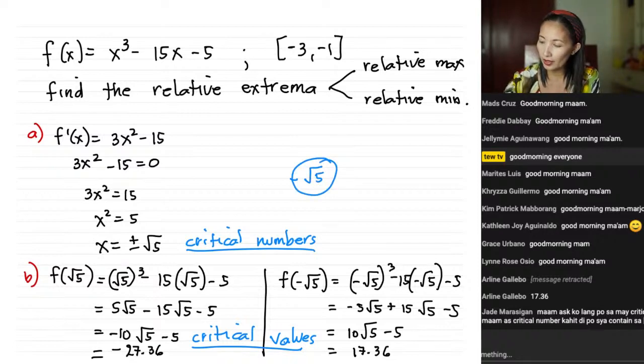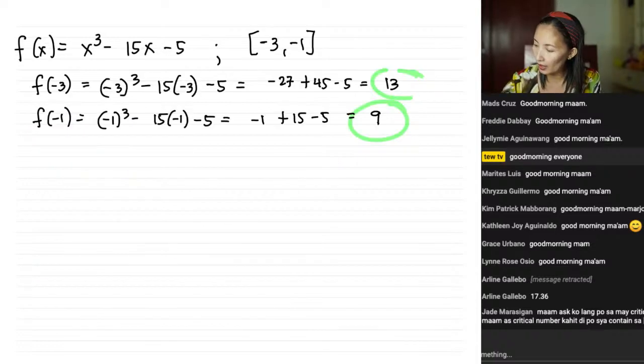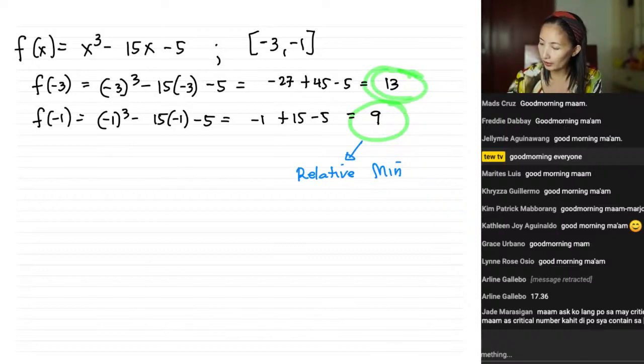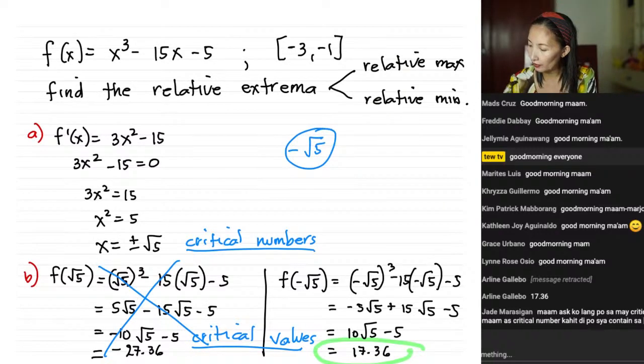So, disregard this portion. This one is the relative min, and this is the relative max.